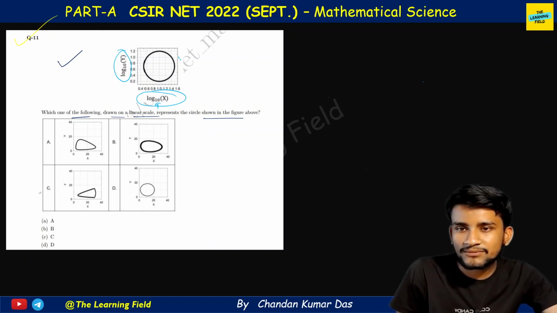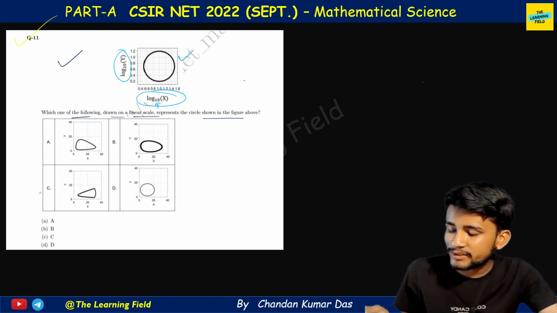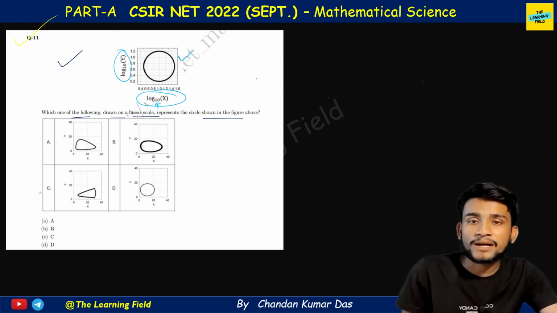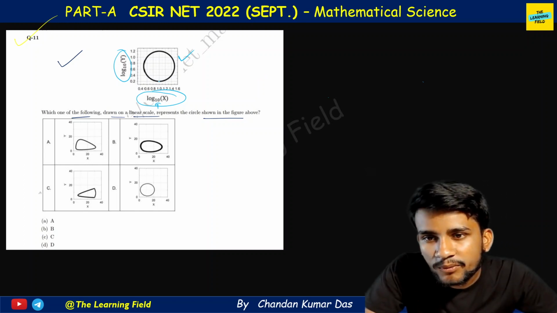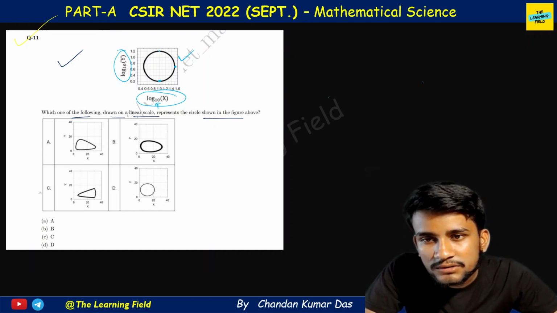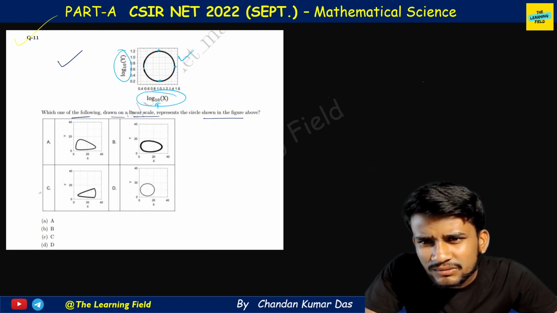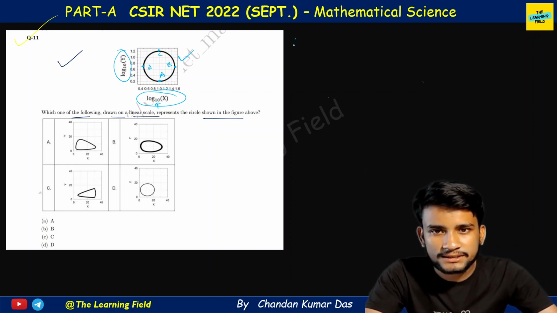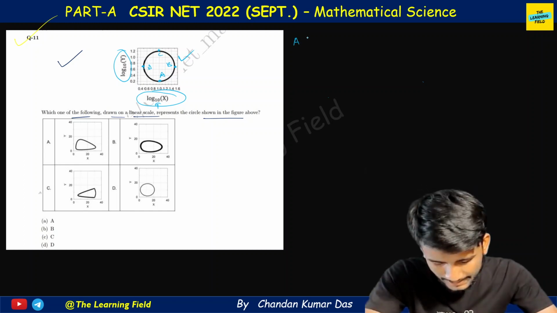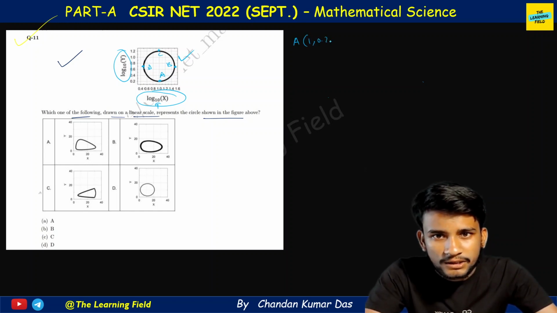So if we see the figure, here I approach the mathematical approach. You can also apply another approach for this problem. Okay, if we take these 4 points, this one, this one, this one, and this one. This is A, this is B, this is C, and this is D, then the coordinates of these 4 points are: A is 1, 0.2.